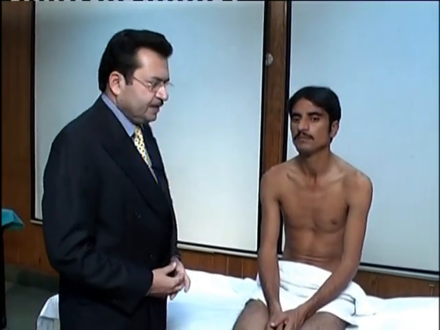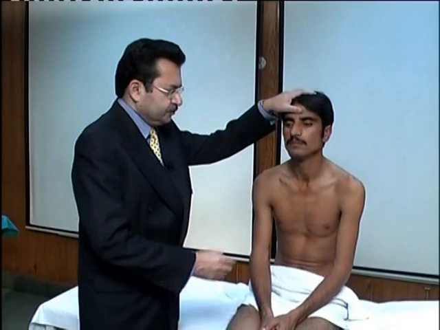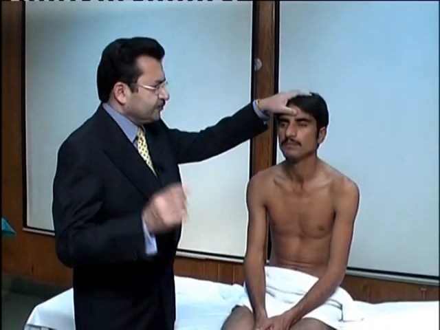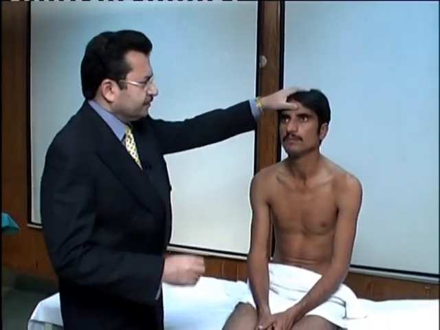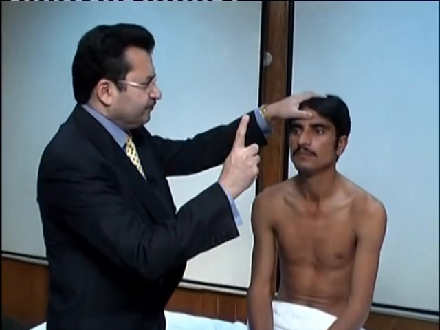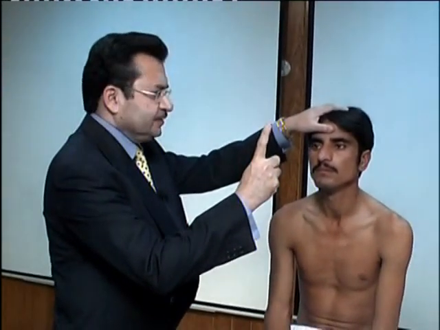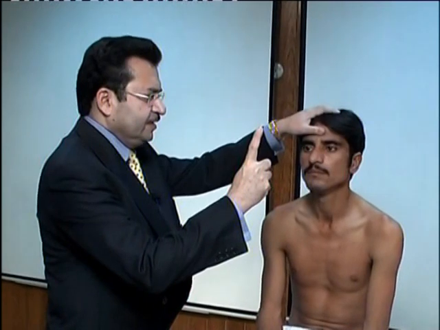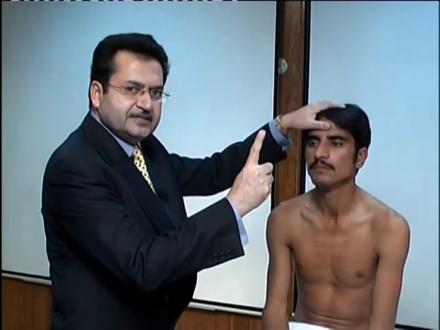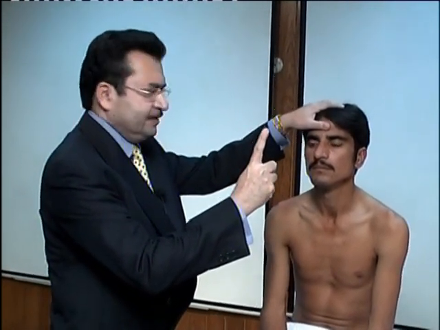Check for nystagmus. For this purpose, ask the patient to sit on a couch and look straight ahead, and keep your finger about 12 inches from the patient and ask him to keep looking. If the patient has any spontaneous nystagmus, he will show it there and then.